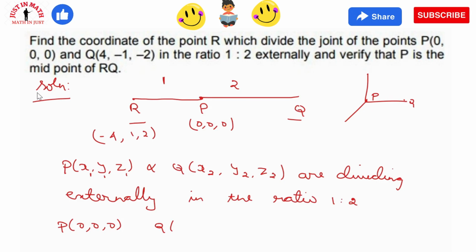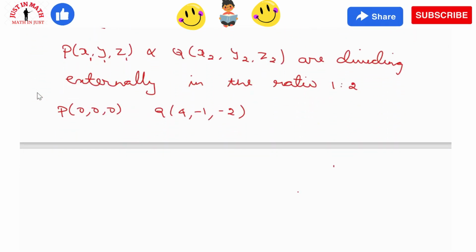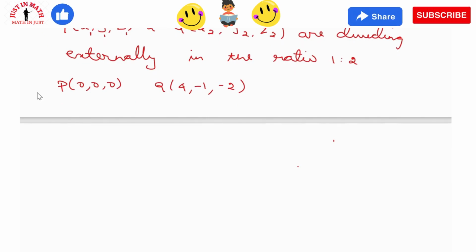Okay, my dear students. So now we are going to find it, and we know the point P which is 0 comma 0 comma 0, and Q which is 4 comma minus 1 comma minus 2.